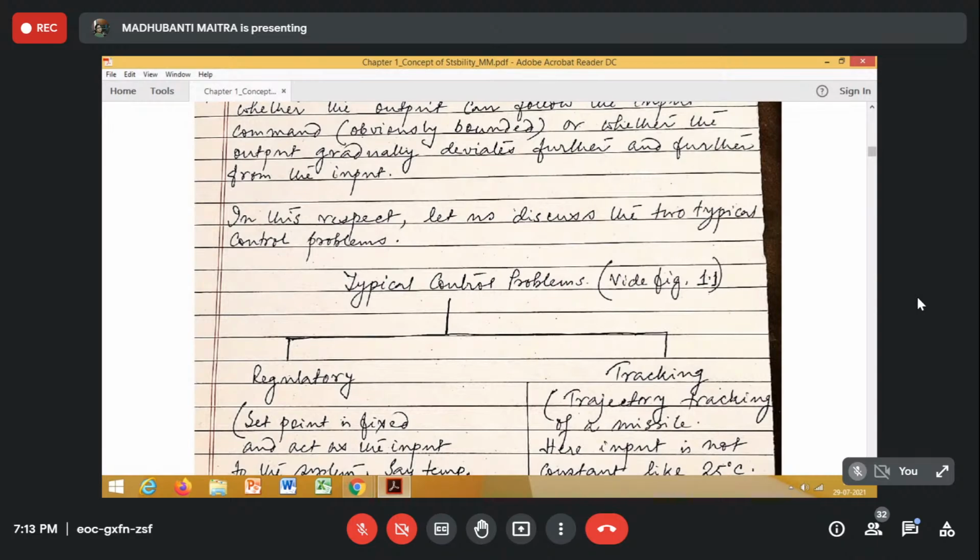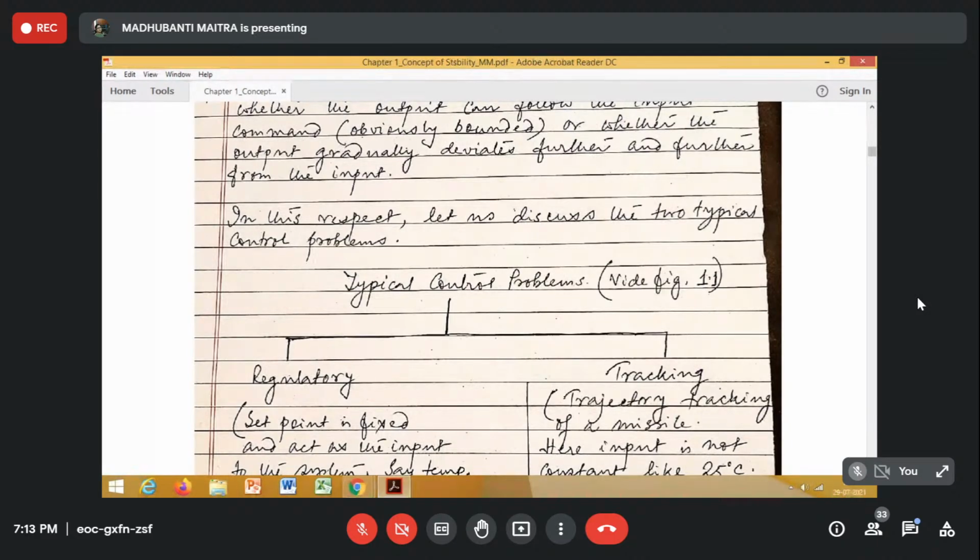Okay. Now, in contrast, in a tracking kind of problem, the input command may not be a constant. The input command itself can vary with time. Just consider a missile control system, or a flight control system. At times, often what is done, the desired trajectory or flight path of the missile is embedded into the computer of the flight control system. Since it's a flight path, the path will vary with time, will be a function of time, right?